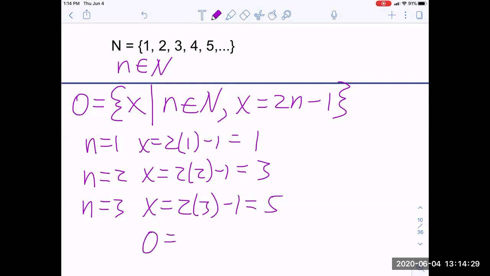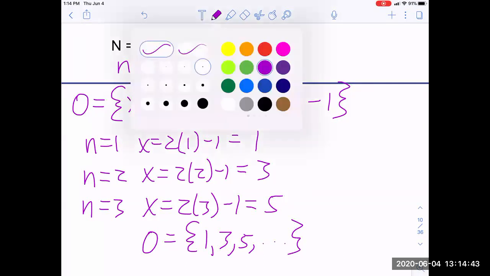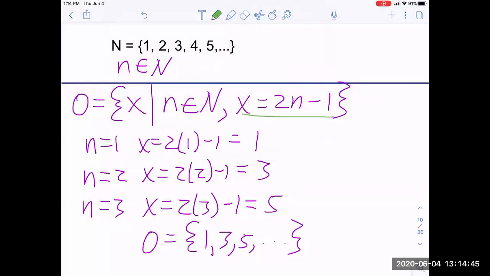So I'm generating the set O of odd natural numbers. But in both of these cases, I now have statements here, equations, that I can do algebra on, and later on we'll use those to do some proofs.